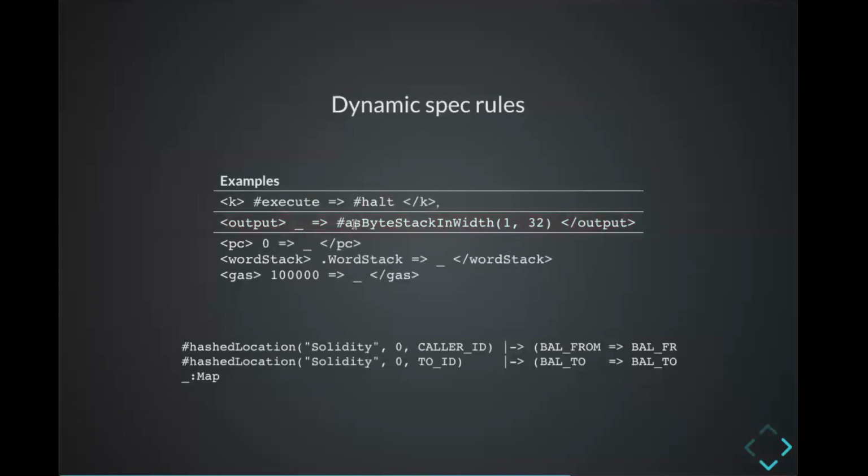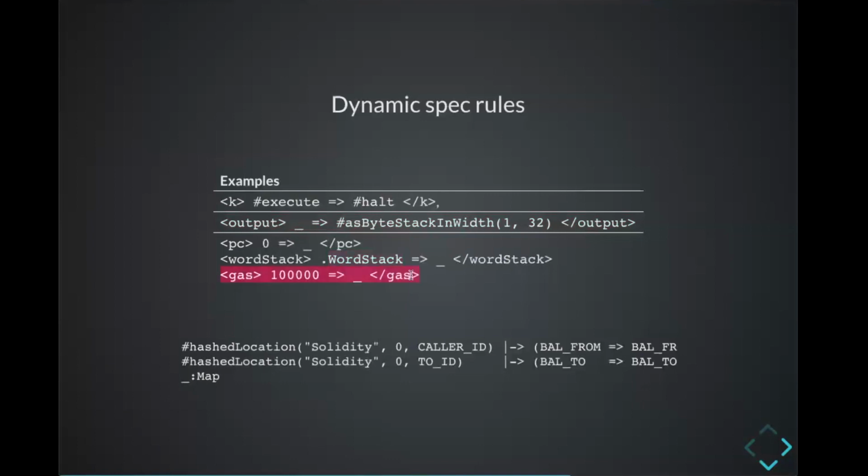We care more about the output, the storage modifications, etc. Another example would be the word stack, memory, and many others, these transient non-permanent stores, such as the stack, the memory, and so on, that will disappear once the call is ended.